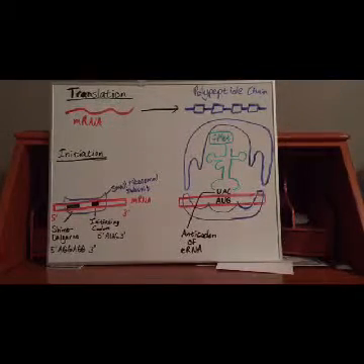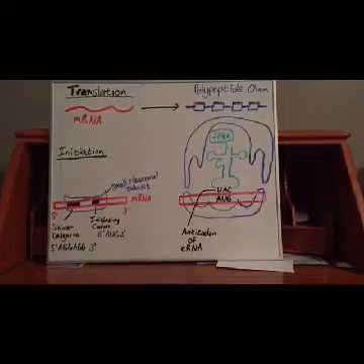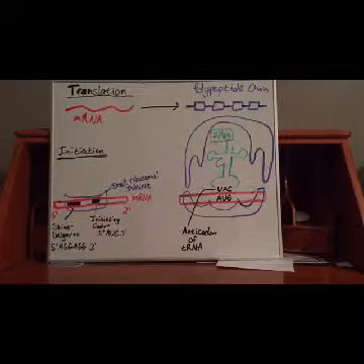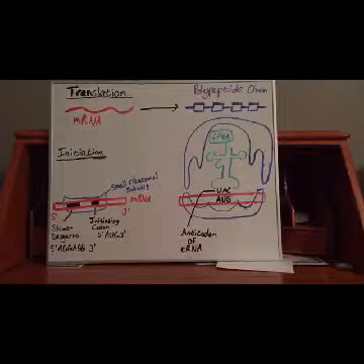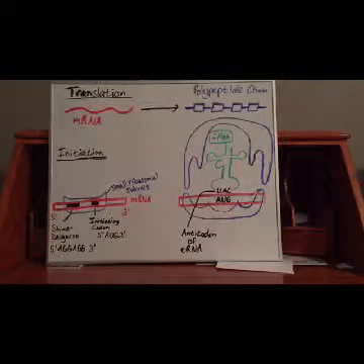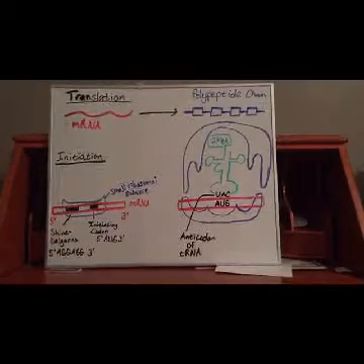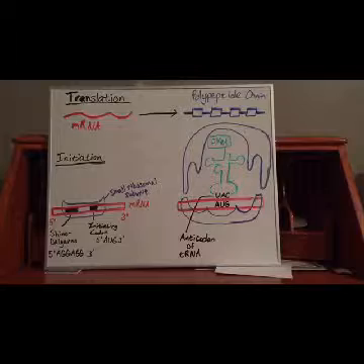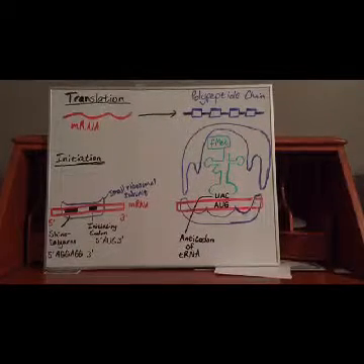The initiating codon contains a sequence AUG and is complementary to the anticodon UAC that is present on the tRNA carrying the amino acid formylated methionine. The formylated methionine tRNA is positioned in what is known as the P site. Following this, the large ribosome unit binds and elongation is able to occur.